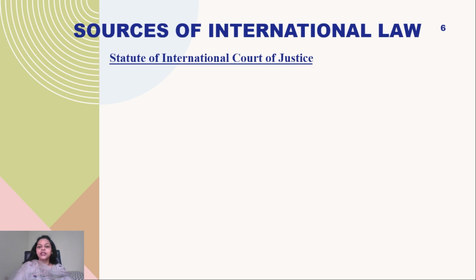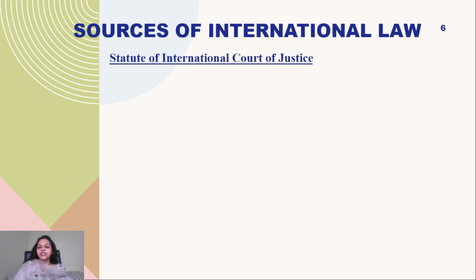And this document you find as an annexure to the Charter of the United Nations. But it's not a part of the Charter of the United Nations in that sense, because it's altogether a separate document.